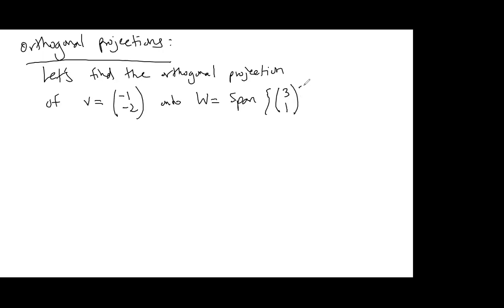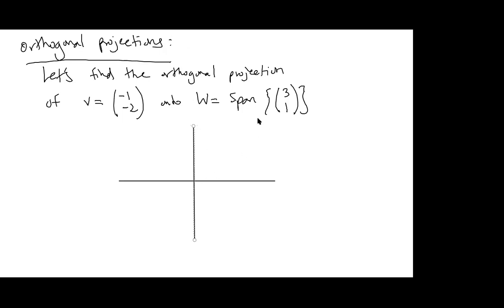So say like this. We have a subspace W, which is a one-dimensional subspace inside of R2. You can picture that as a line. And then we have a vector inside of R2, and we're going to project that onto our space. So if we were to draw that, we have R2.